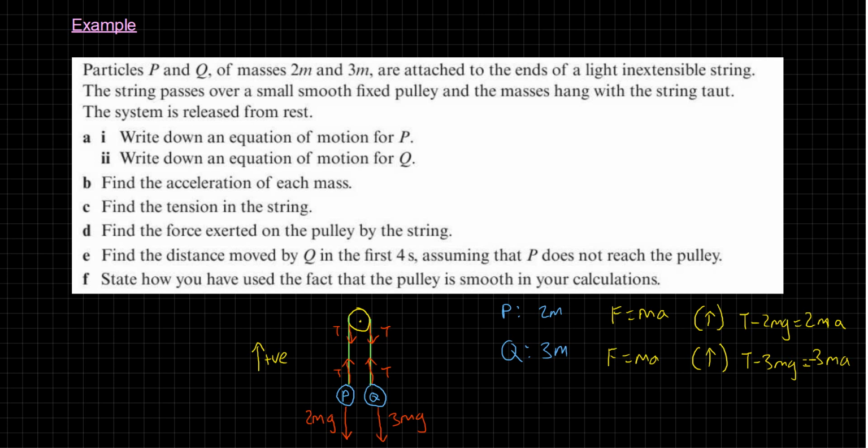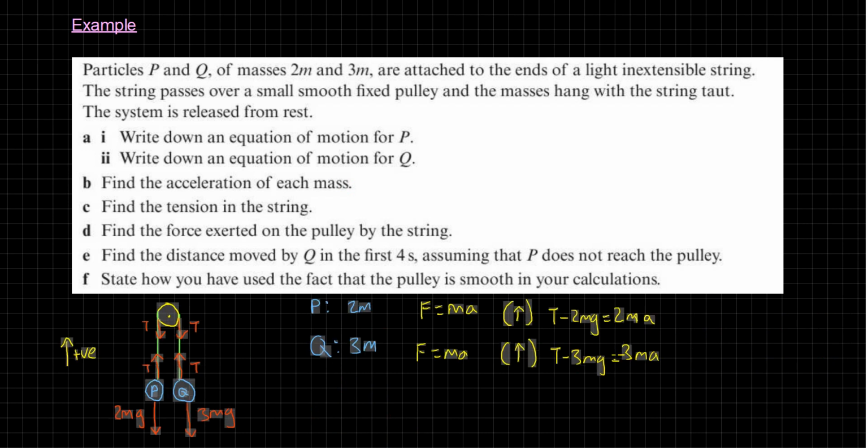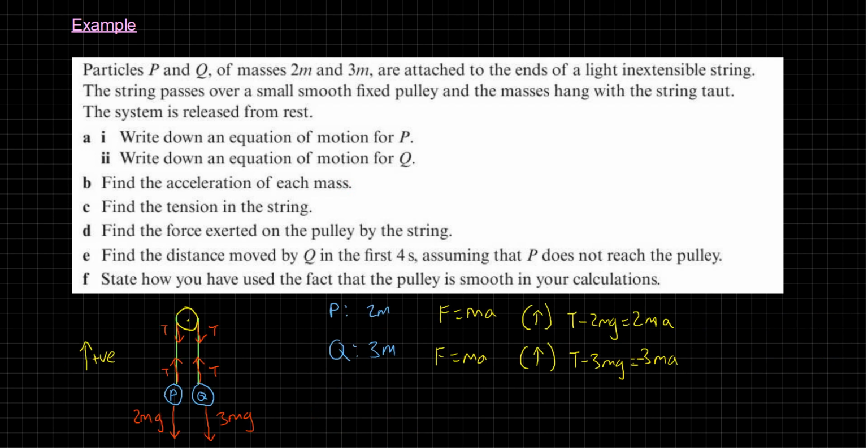Now let's take a look. Find the acceleration of each mass for part B. So as we said, we're going to get the same value, but for one of them it'll be positive, one will be negative. So we're going to have to solve our system of equations. Let's make some space and give that a go. So to find this acceleration, we're going to cancel out these T's.